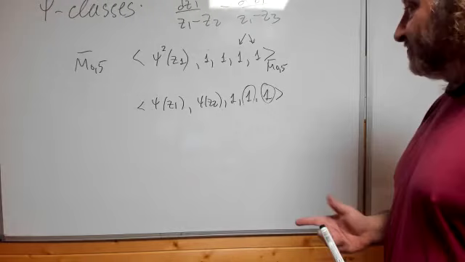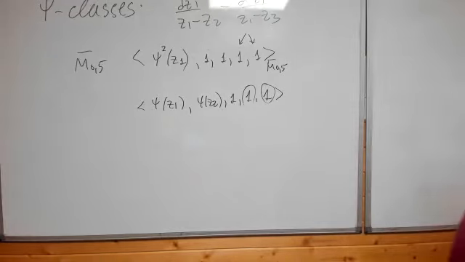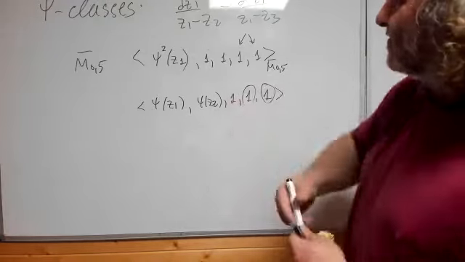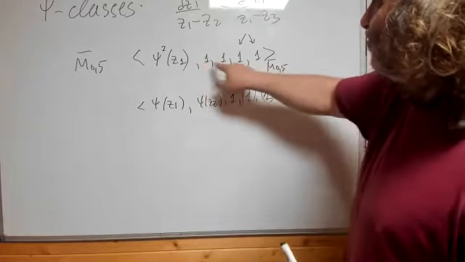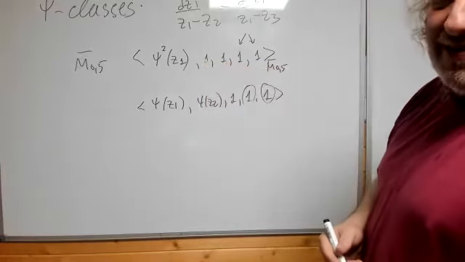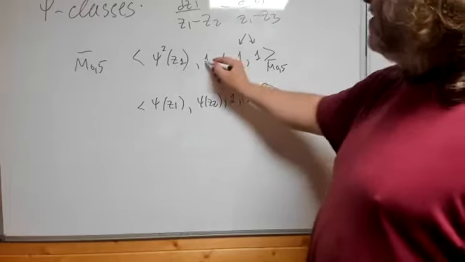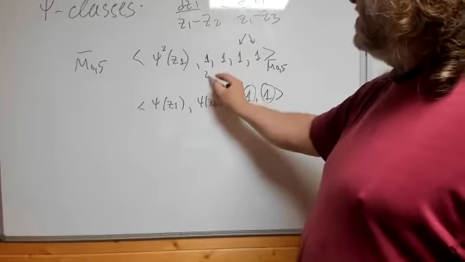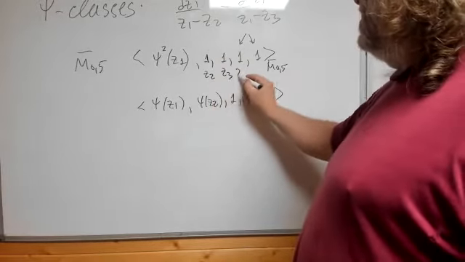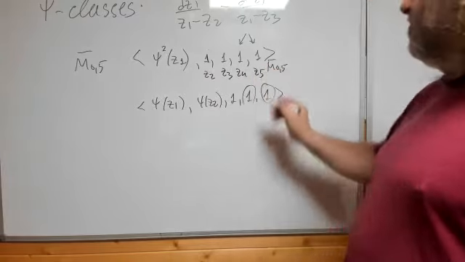Now, interesting thing happens. Note that these 2 points are different. So let me label these points: Z2, Z3, Z4, Z5.